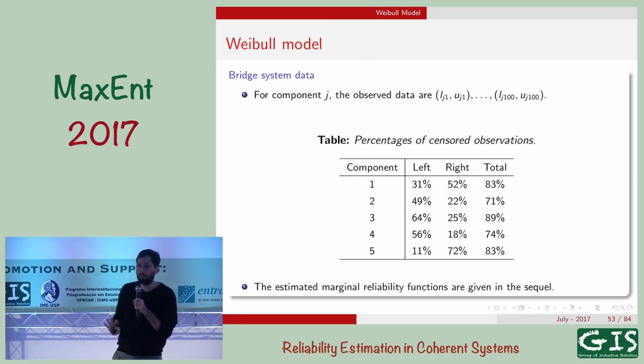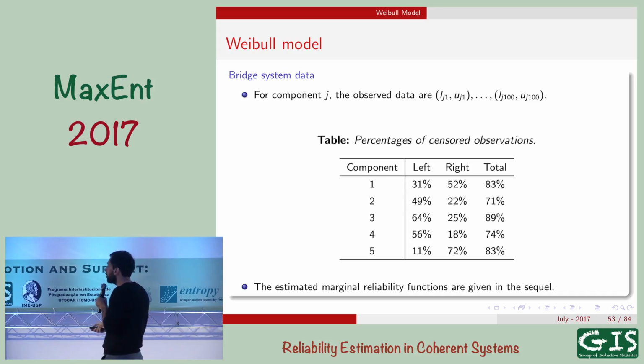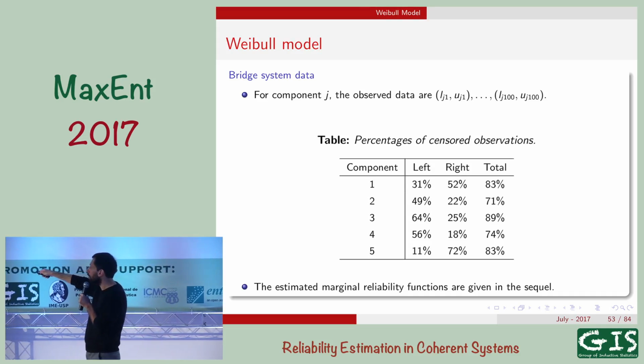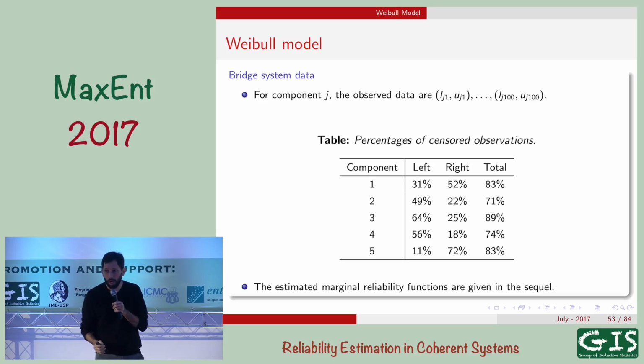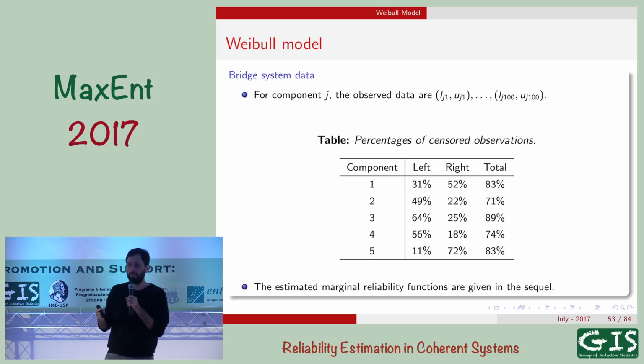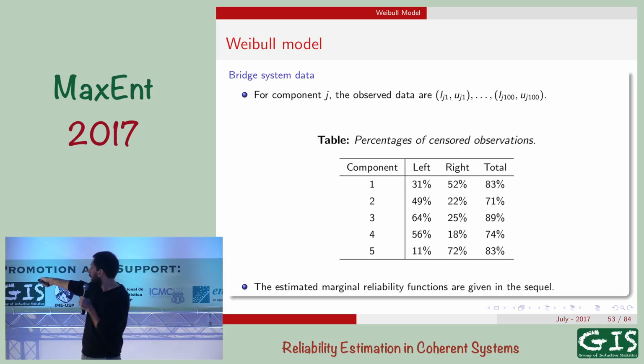Here we have the percentages of censored values. Component 1 has 31% left censored, 52% right censored, and a total of 83% censored data. So for component 1, I only observe 17% failures. All the others are censored, and not only one type of censoring.